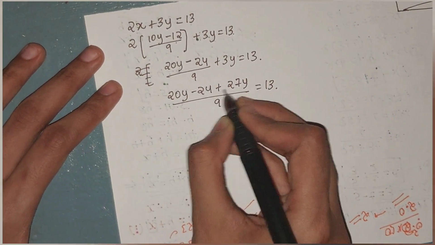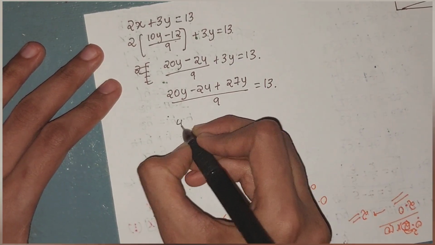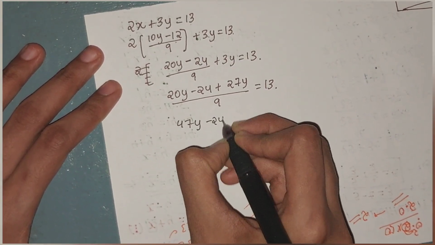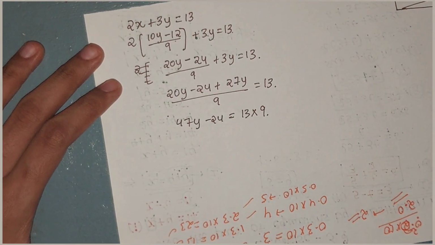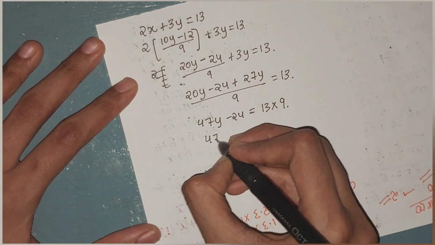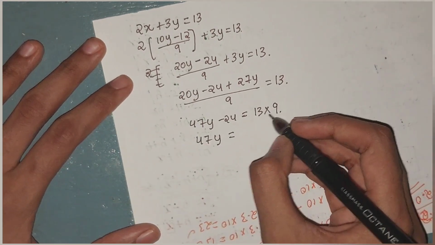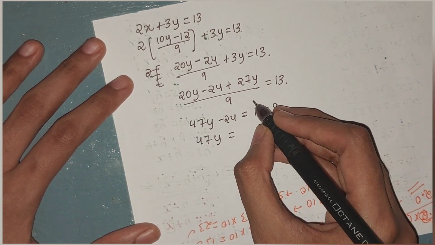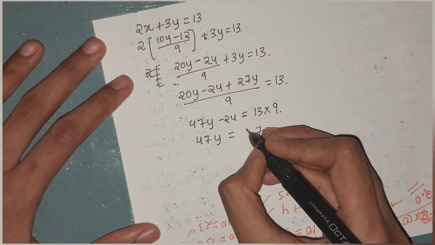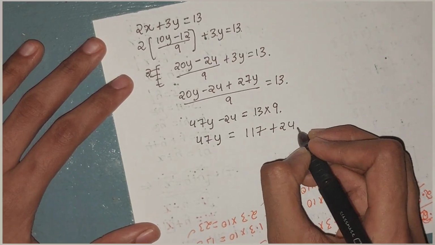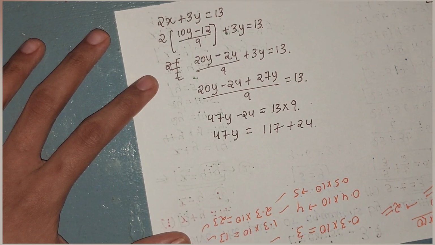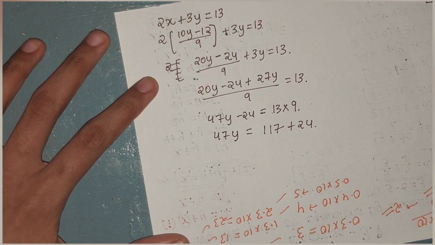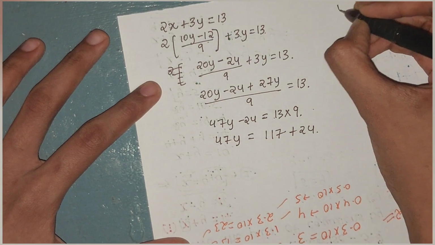Now 20y plus 27y, which will give you 47y, minus 24 is equal to 13 into 9. So 47y is equal to, what is 13 into 9? 9 3s are 27, 9 1s are 9, 10, 11, so 117.